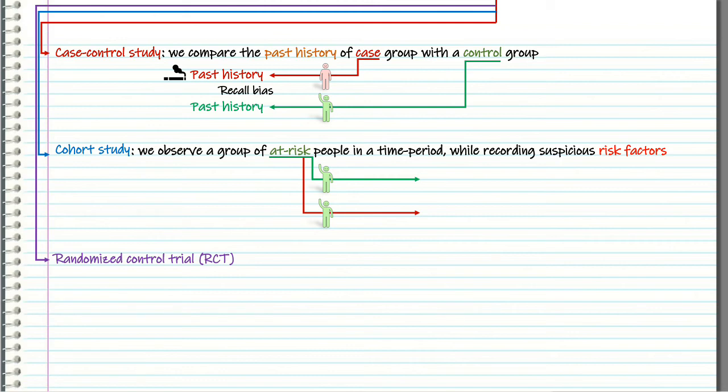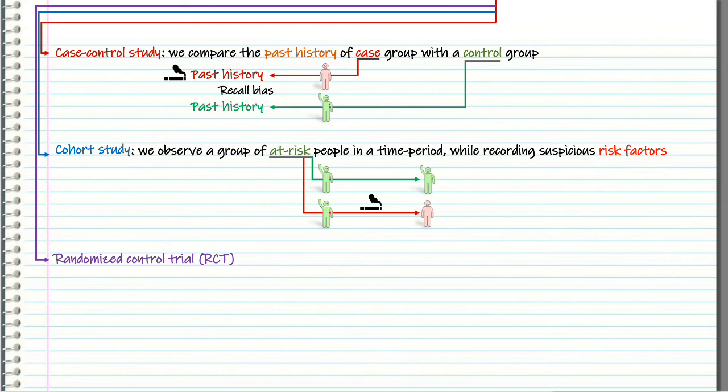At the same time, we can record the suspected risk factors. We don't necessarily know what the risk factors are, but we guess and we follow, and then we can find out after a period. For example, we see people who smoke, a risk factor, developing a disease like hypertension or diabetes, and the others don't.